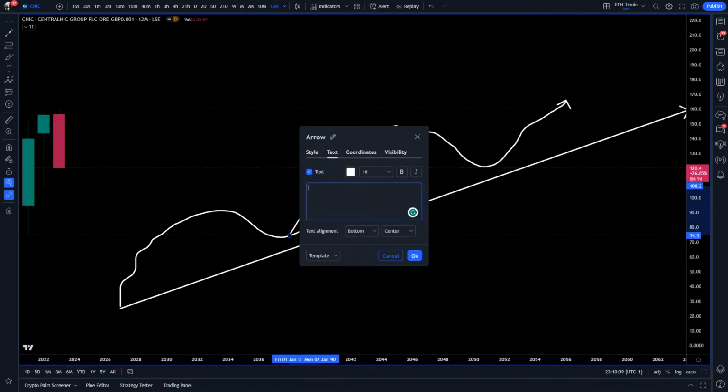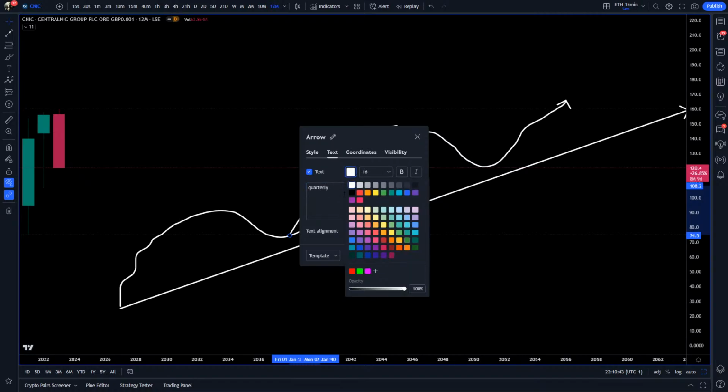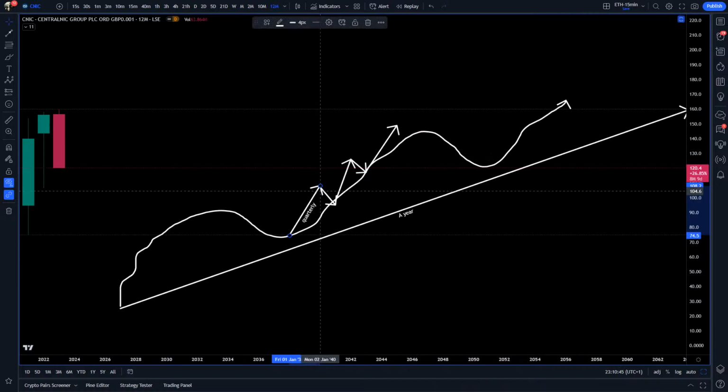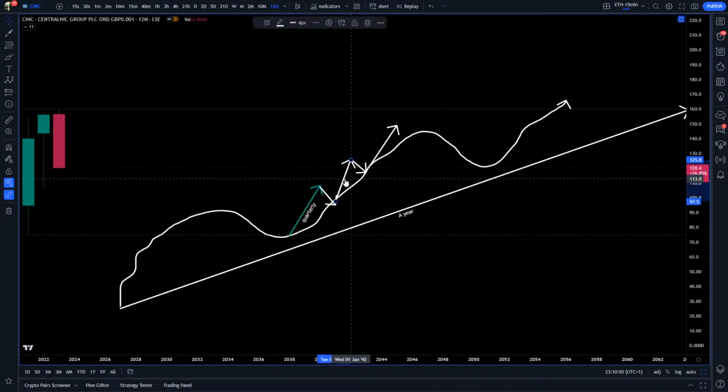So the quarterly market. So these are all the quarterly market.